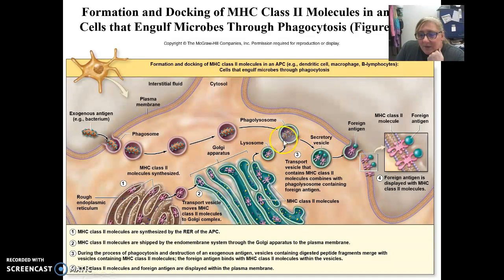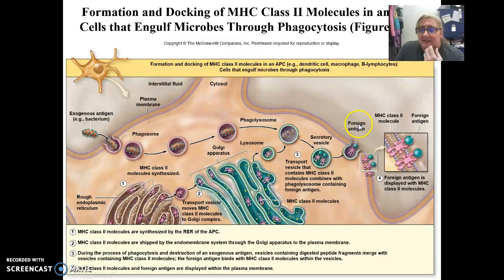And what we produce is particles here that come in contact with the MHC class 2 molecule, because here the lysosome releases chemicals and breaks down this molecule, and so you end up having these non-self proteins associated with this MHC class 2 molecule that is then put on the surface of the cell.